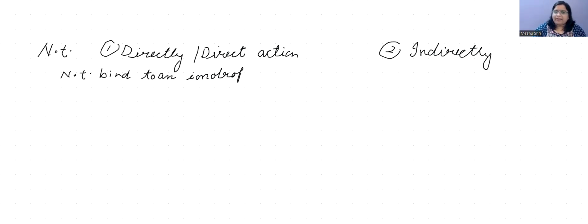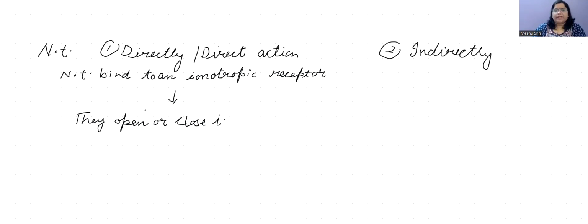After binding, what will happen? After binding, they act quickly to open or close the ion channels. Means when the neurotransmitters bind to an ionotropic receptor, they either open or close particular ion channels in the membrane.